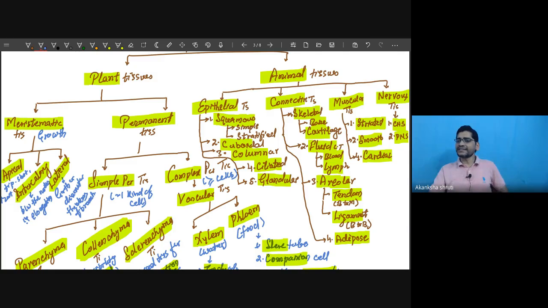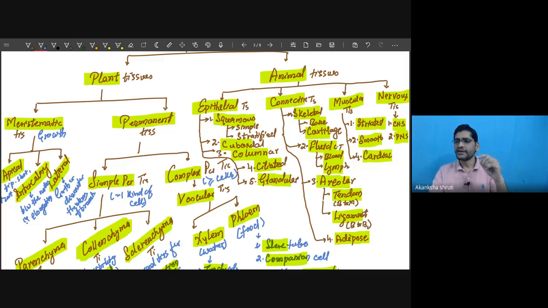So this inner skin of our stomach, of our heart, and the alveoli are very thin and flat tissues. Such a single layer, or hardly 1 to 2 layers, of thin flat tissue is called squamous tissue. Now this squamous is further classified. When the thickness of the flat tissue is hardly 1 to 2 layers, that is called simple squamous.